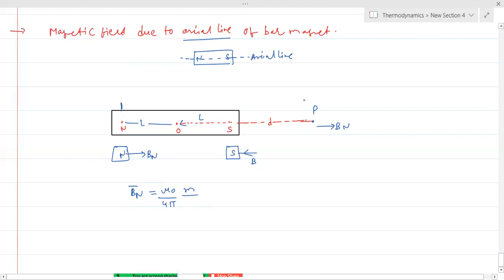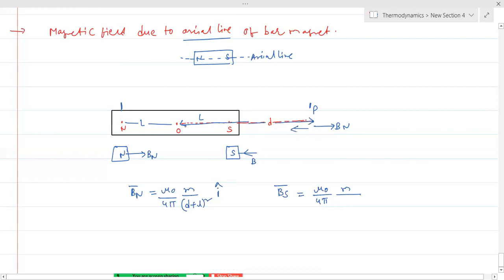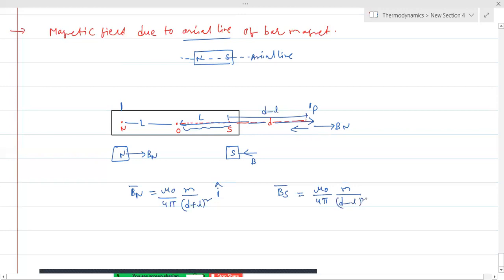From the north pole, the distance to the observation point is clearly visible as (d plus L) whole squared. As the north pole field direction is away, I am taking it in the positive x direction, i cap. Similarly, BS equals mu naught by 4 pi into pole strength m by the respective distance squared. The total distance is d, but this part is L, so the distance from the south pole to the observation point becomes d minus L. As it is towards the left side, we take minus i cap.